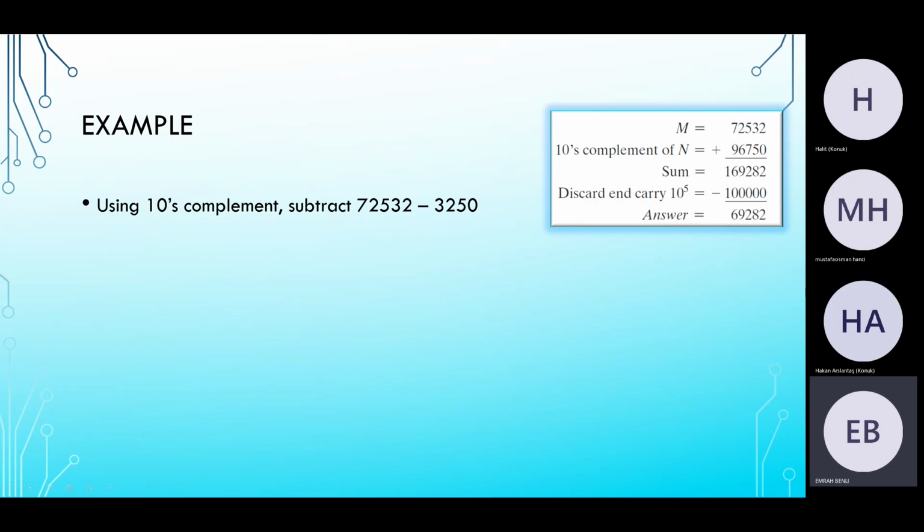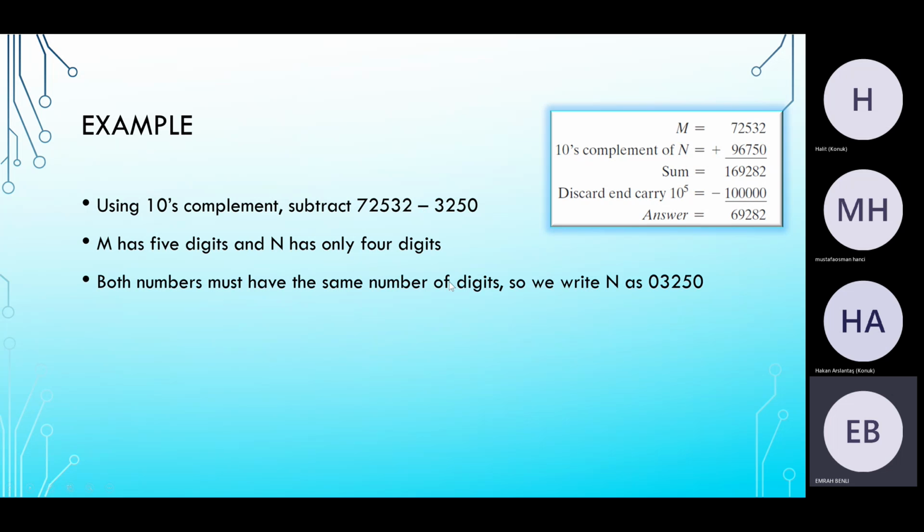So let's say we have this number M. What we are trying to do is M minus N. M is this, N is this. Since M has 5 digits here, 1, 2, 3, 4, 5, and N has 4 digits, both numbers must have the same number of digits.